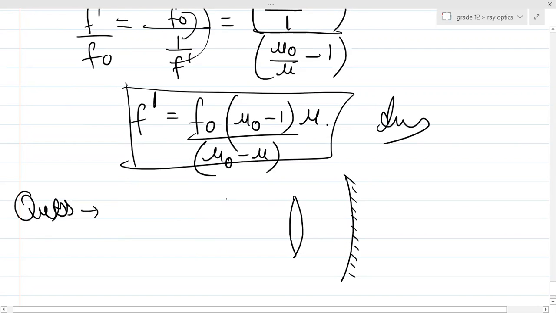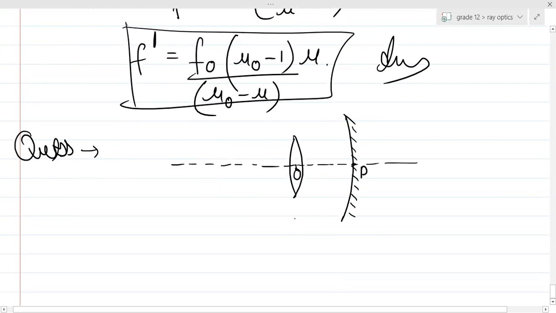A converging lens and a converging mirror with their principal axis or optical axis coinciding, that implies both have the same principal axis. They both are placed 40 centimeter apart from each other.